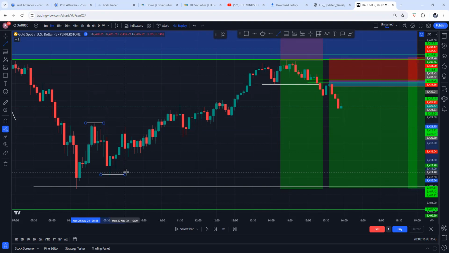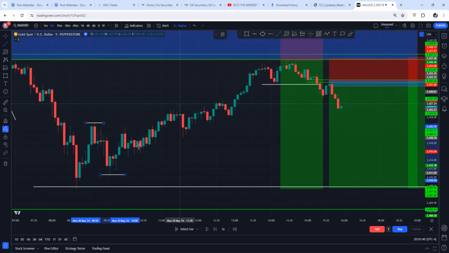Strong low or weak low? Strong. Strong low, right? It's a strong low.